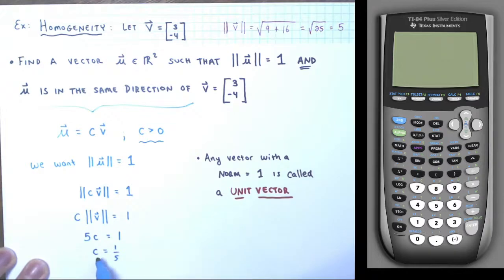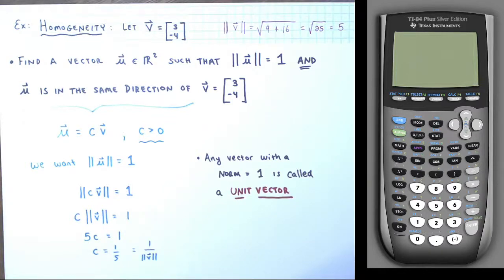In fact, this will be the case whenever you're trying to find a unit vector pointing in the same direction as another vector. The scalar you need to multiply by is just 1 divided by the norm of that vector. Remember, this is just 1 divided by the norm of v. This is the scalar you'd multiply your vector by to get a vector with a length of 1 unit, a unit vector pointing in the same direction.